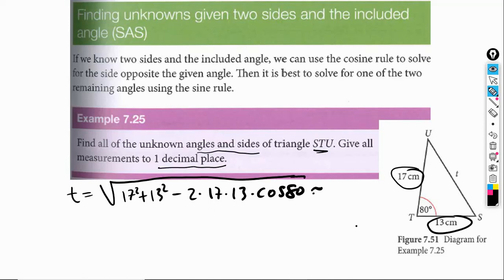And if we plug this in the calculator, it's going to give us approximately 19.5 centimeters.